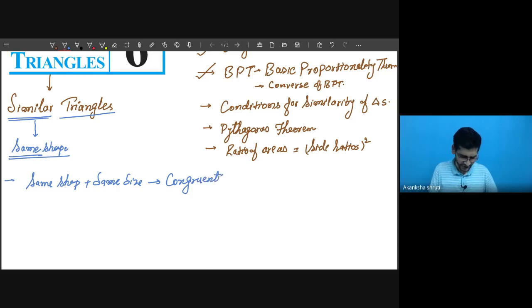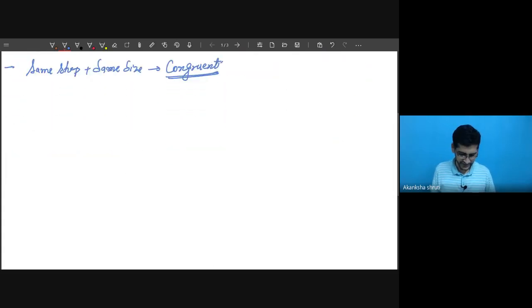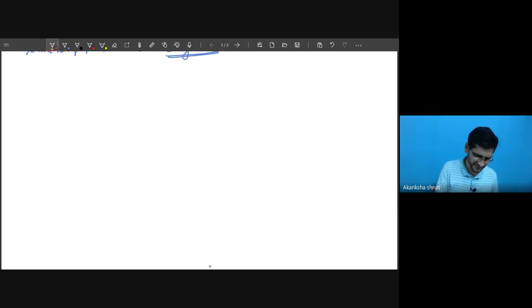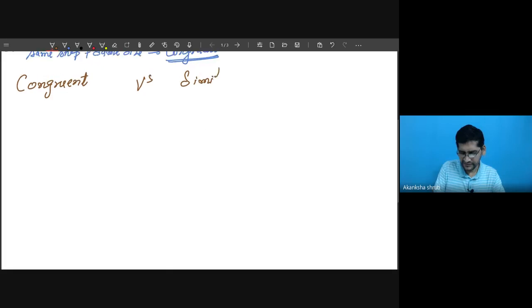So what is congruent? What is similar? That we shall understand a bit better. Congruent versus similar. What is the difference?